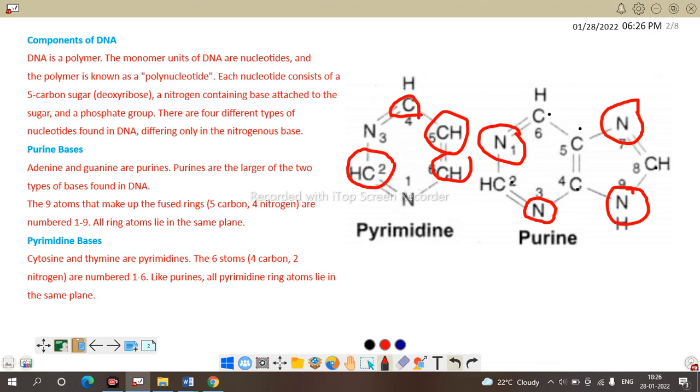There are 4 carbon atoms and 2 nitrogen, at position number 3 and position number 1. So it is a 6 atom ring, like a benzene ring, and it is smaller in nature, as we discussed already. So pyrimidine bases have 4 carbon and 2 nitrogen. All pyrimidine ring atoms lie in the same plane, as in purine.